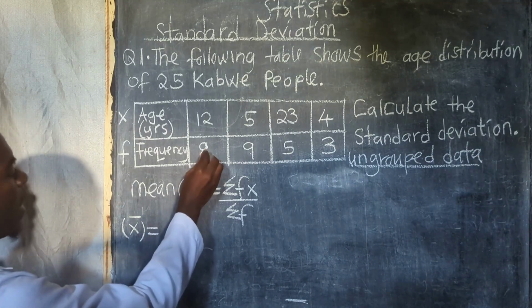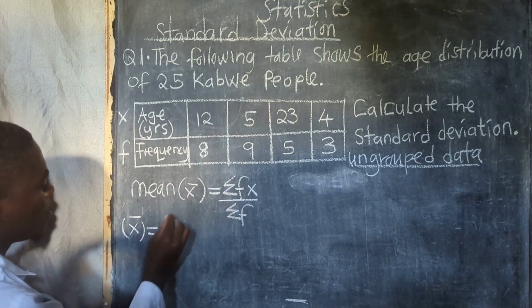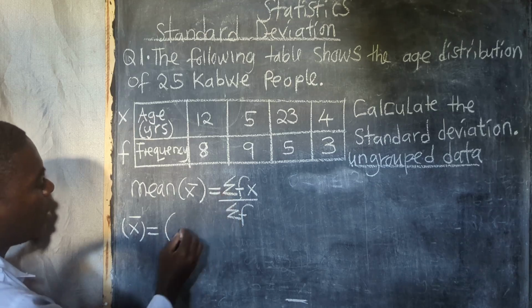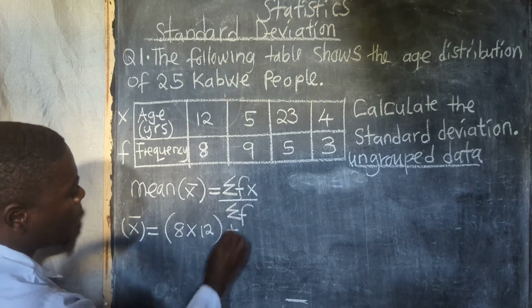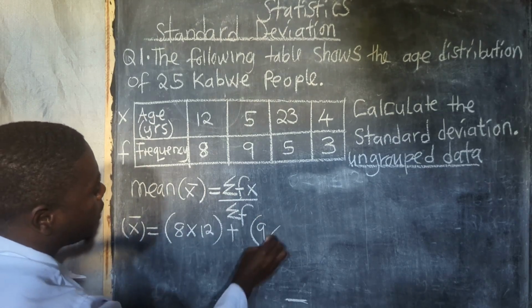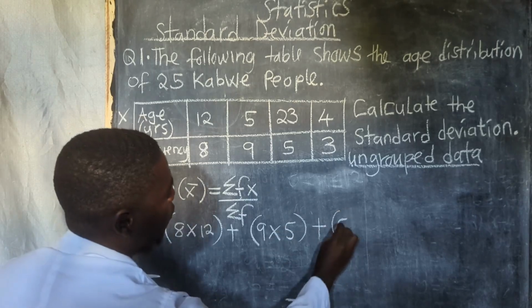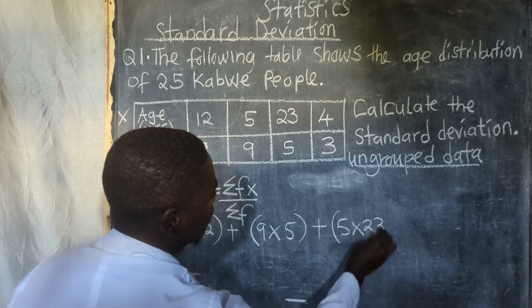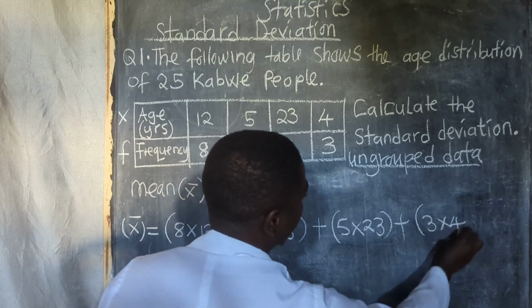So we are multiplying frequency times x. Frequency times x. So we are going summation, meaning you are adding 8 times 12 plus 9 times 5 plus 5 times 23 plus 3 times 4.